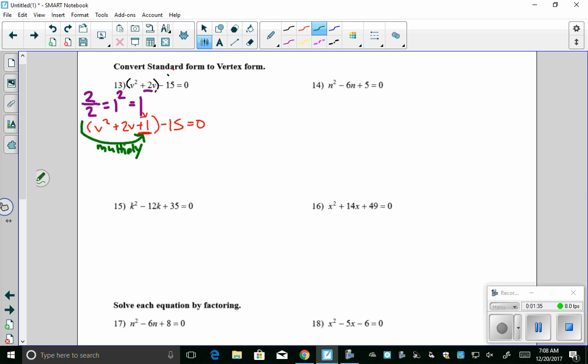So 1 times positive 1 is positive 1, so that when I rewrite it, I'm going to have v squared plus 2v plus 1 minus 15. Whatever you get here, you have to put the opposite here. So if it was a positive 1, you're going to subtract 1.